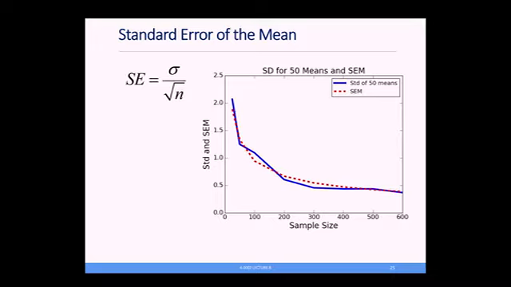Pretty striking. So we see the blue solid line is the standard deviation of the 50 means, and the red dotted line is the standard error of the mean. So we can see quite strikingly here that they really track each other very well.